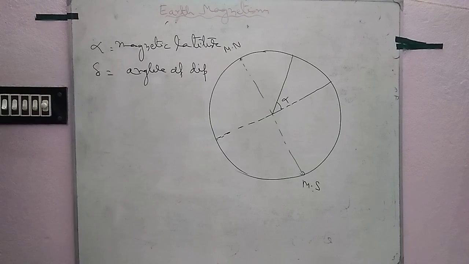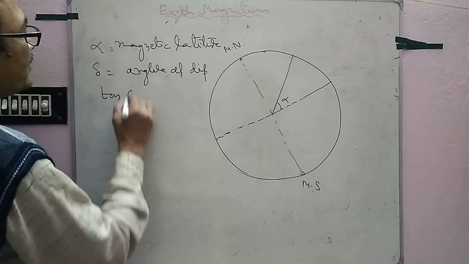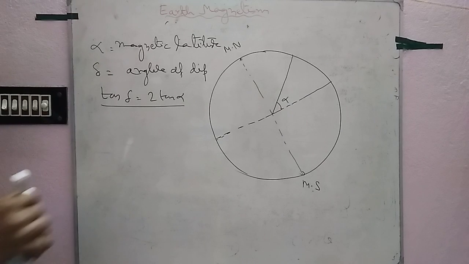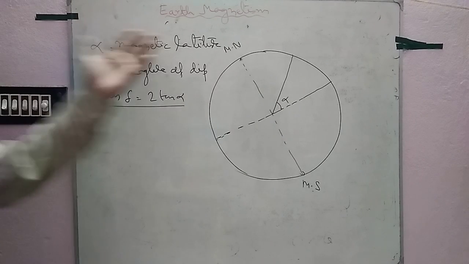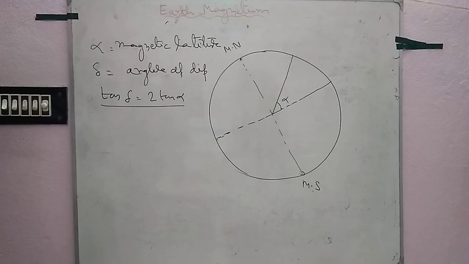So prove that tan sigma equal to 2 tan alpha. This may be an MCQ question, but for a broad question maybe 3 marks. Prove that tan sigma equal to 2 tan alpha.